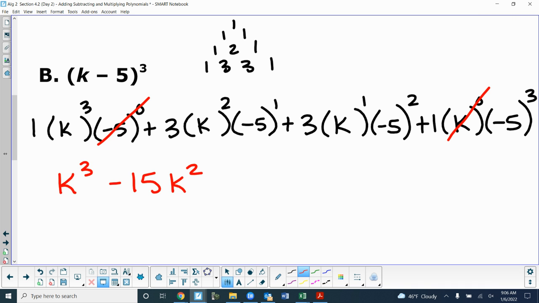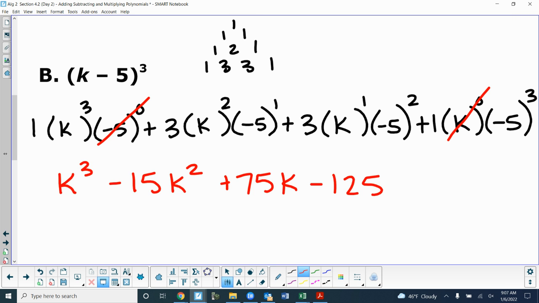Positive 25 times 3 is 75, k to the first. So you can put to the first or you just leave it k. And then what's negative 5 times negative 5 times negative 5? Negative 125 times 1 is still negative 125, right? That makes sense?